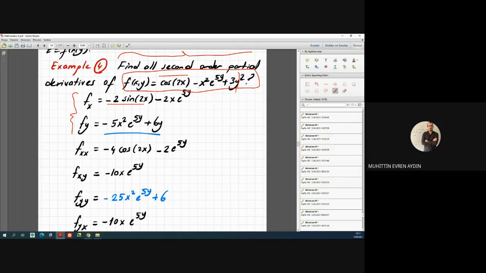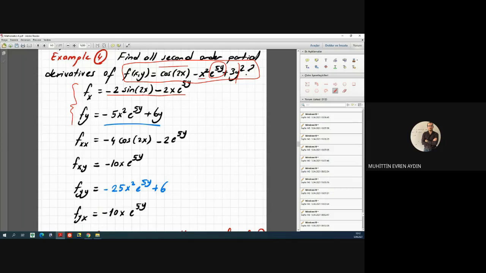And here e to the 5y is a constant, of course not x, we treat it as a constant, and we have the first order derivative with respect to x. With respect to y, we treat this statement as a constant, and get this result.